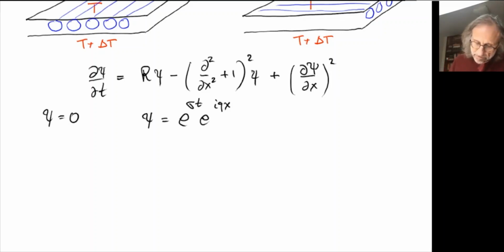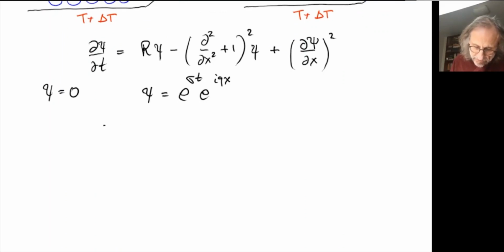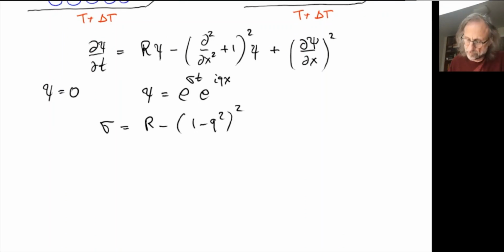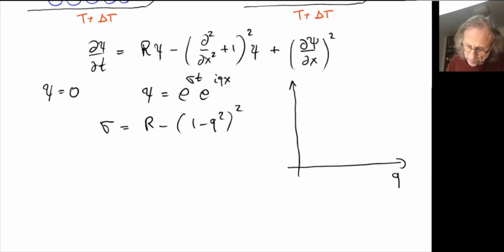When I plug it in, I get for the growth rate simply sigma equal to R minus (1 minus q squared) squared. So I can sketch that as a function of q: those values of R for which the growth rate vanishes. It's easy to see that this looks like the following.